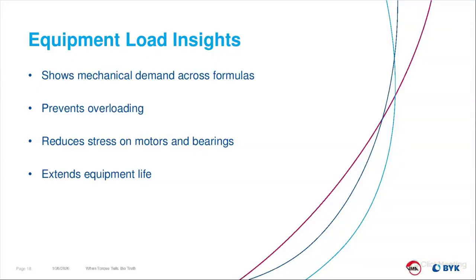We want to make sure that we're taking care of our machine. The demand based on the torque measurement should be the same across all your different formulas and different volumes. So this will help us prevent our overloading. It reduces stress on the motors and the bearings, all the wear parts, to make your machine last longer, which extends the equipment life.